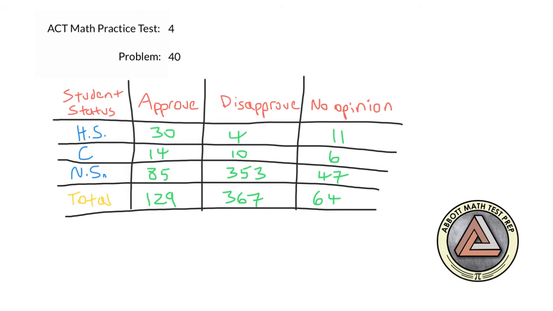Okay, so let's see. After correcting the errors, exactly 60% of the college students had replied that they approved. To the nearest 1%, what percent of high school students replied that they approved?